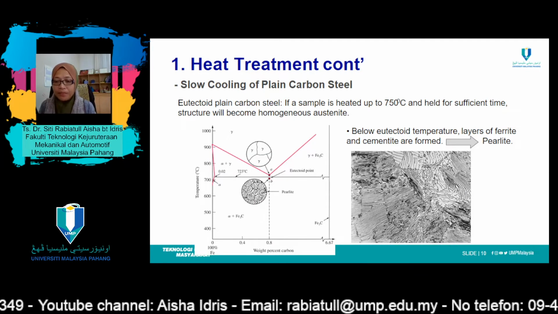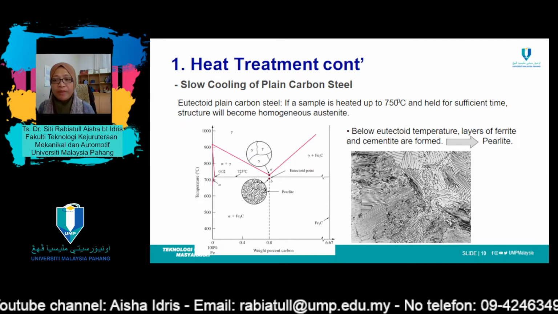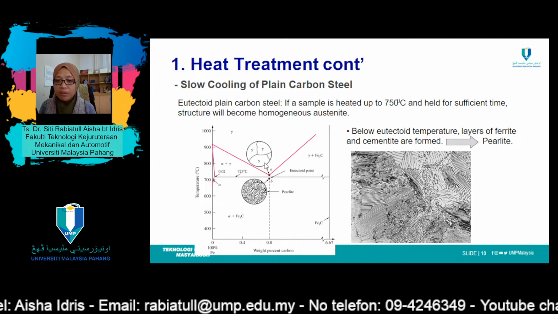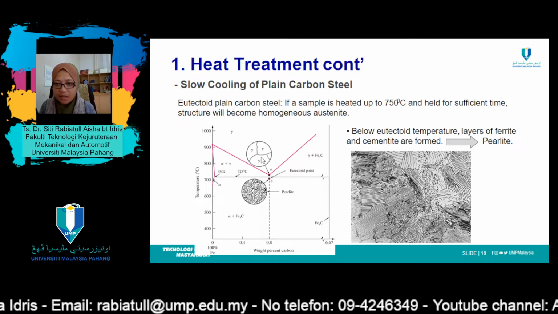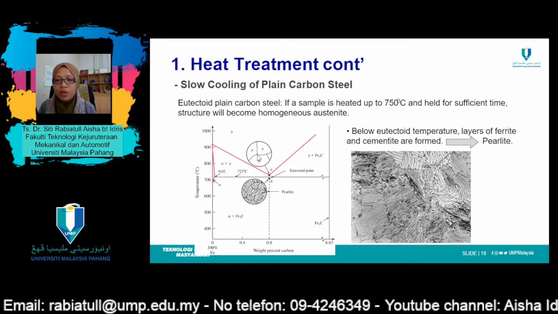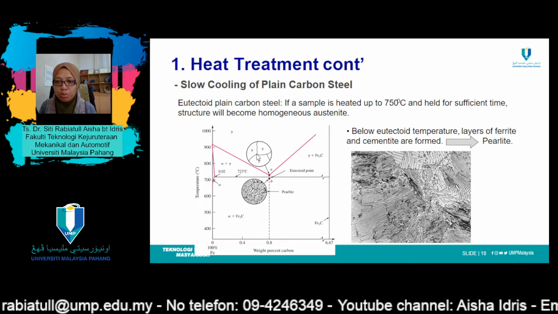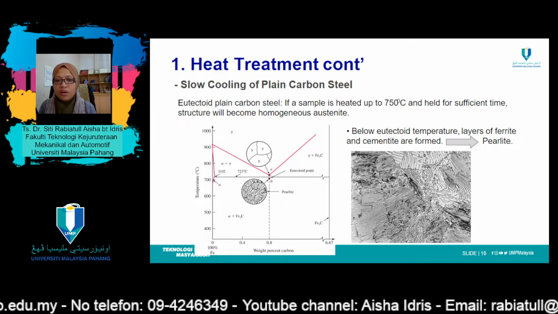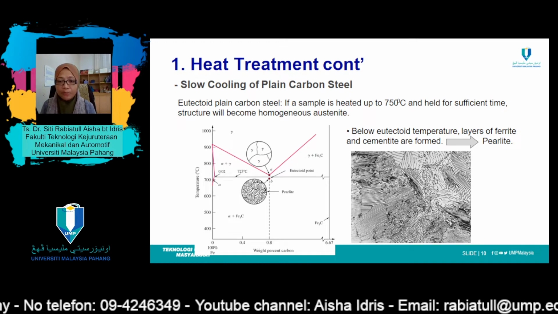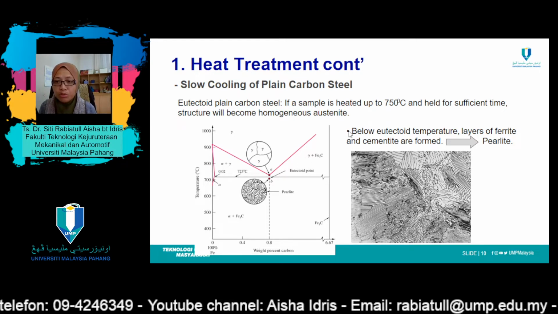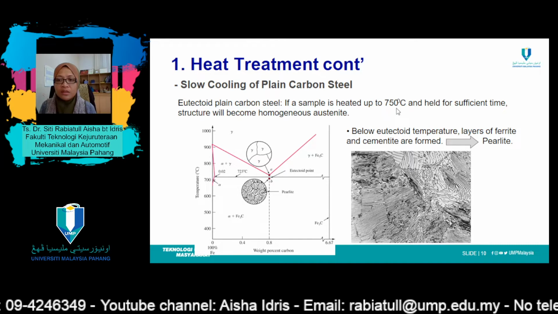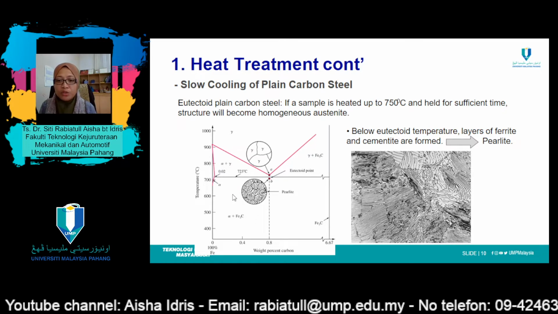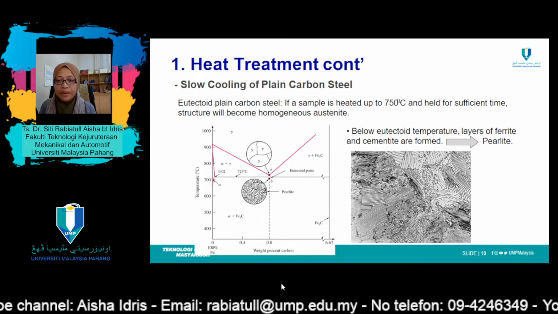And again, a revision from the previous lecture. Once the iron carbon, the steel, is slowly cooled from austenite temperature, then slowly cooled to temperature 750 degrees C, it will change from austenite into 100% pearlite.